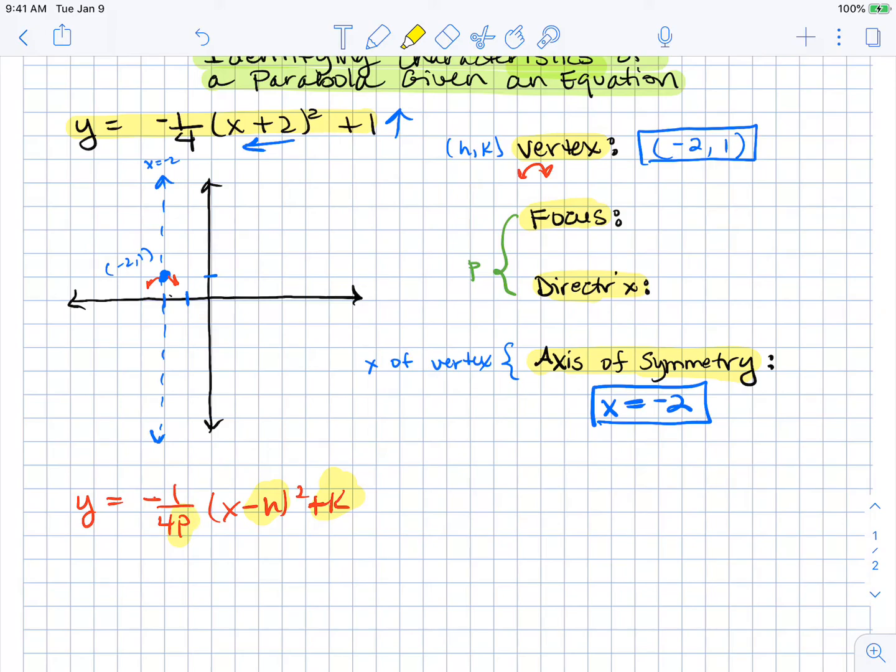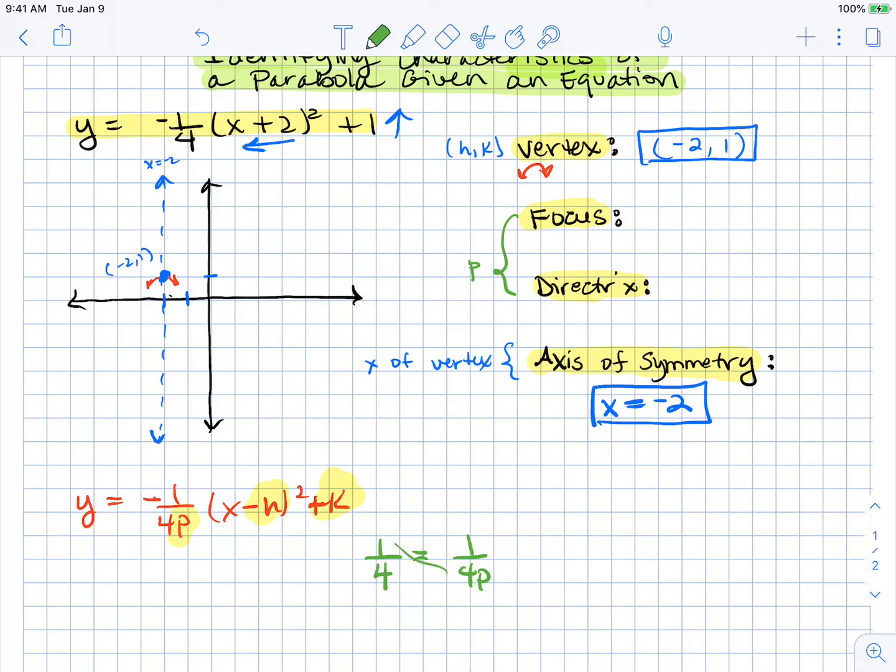The way that we're going to do that is I know that this 1/4 is equivalent to this 1/(4p). So I'm just going to set them equal to each other, and I'll do this in green: my 1/4 is the same as 1/(4p).